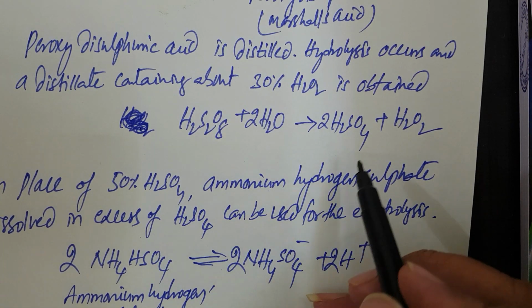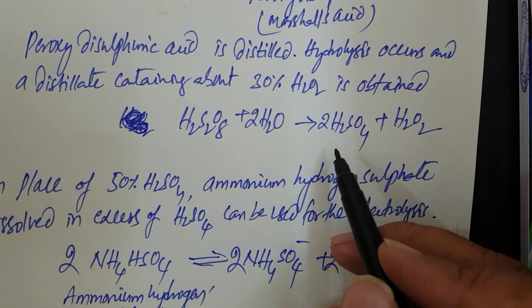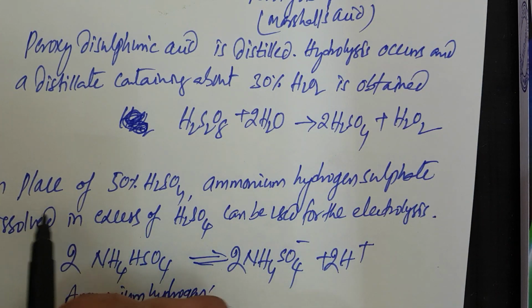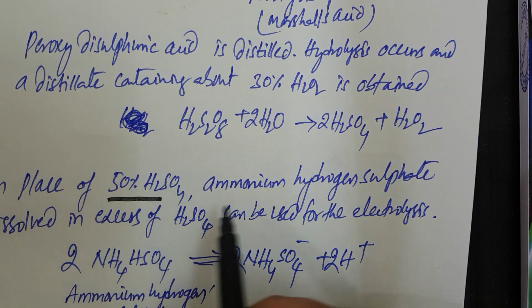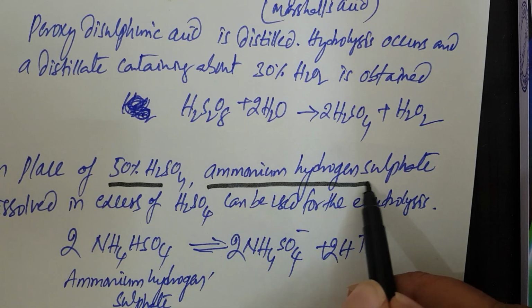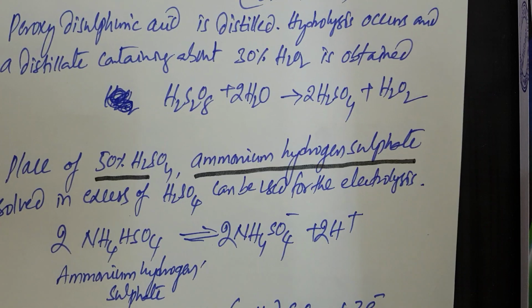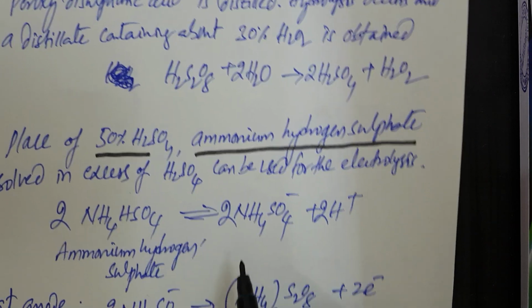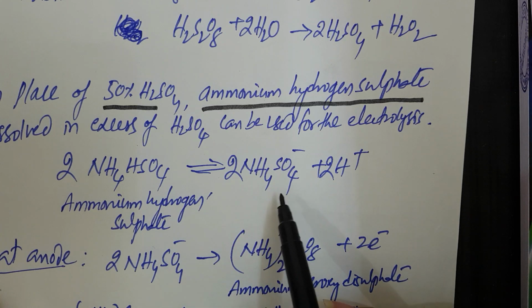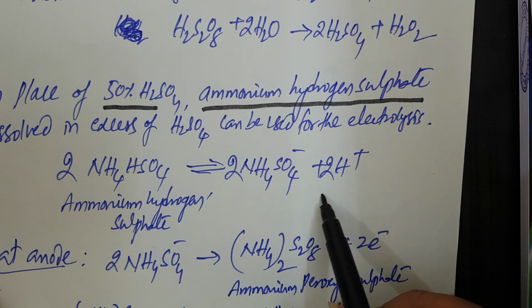So we are getting hydrogen peroxide, and sulfuric acid also we are getting. If in place of 50% sulfuric acid, you can use another substance, that is ammonium hydrogen sulfate. 2NH4HSO4 gives rise to 2NH4SO4- plus 2H+.